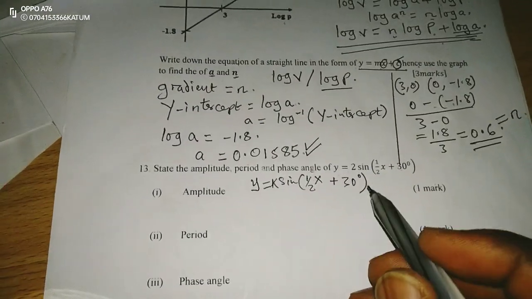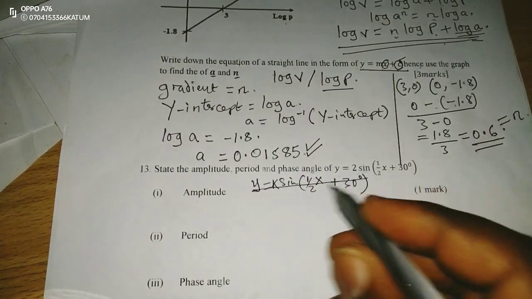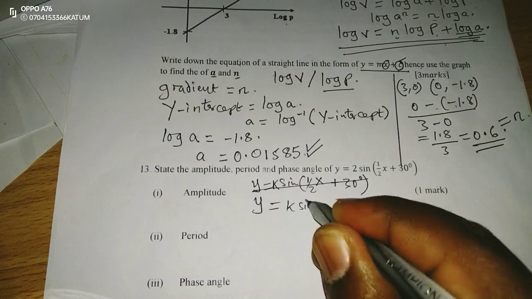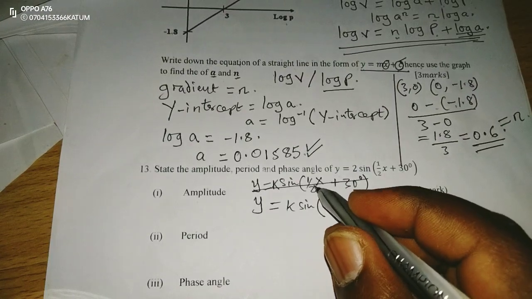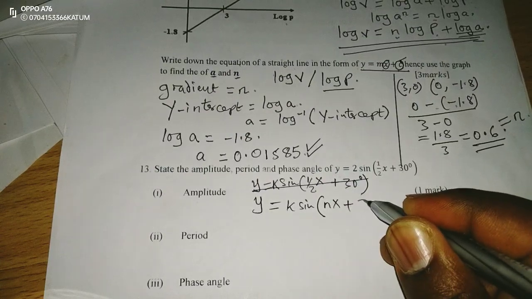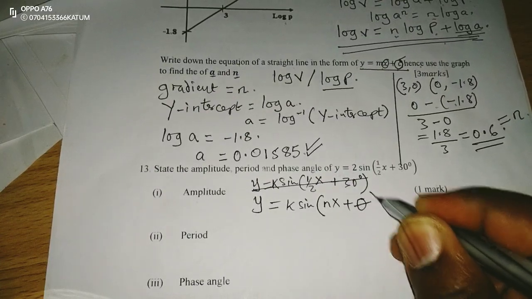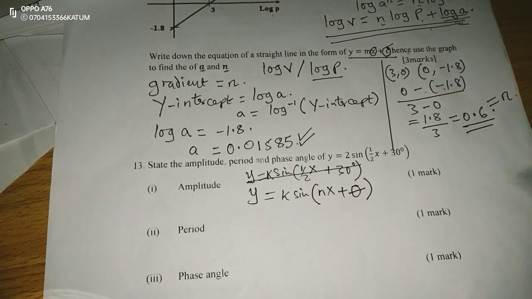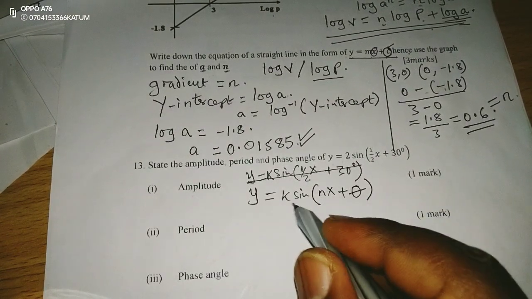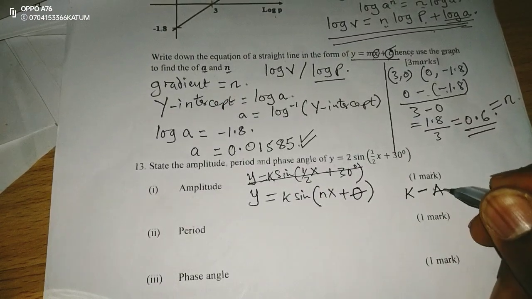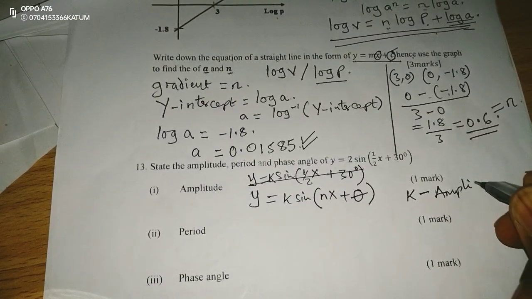I intend to be very general, so the general equation can be k sine of n x plus a given angle, which you can call theta. Then k gives us what we call the amplitude in such a general equation.